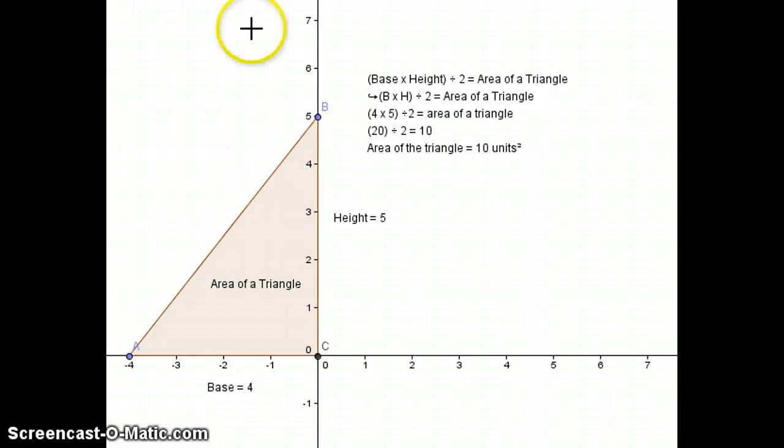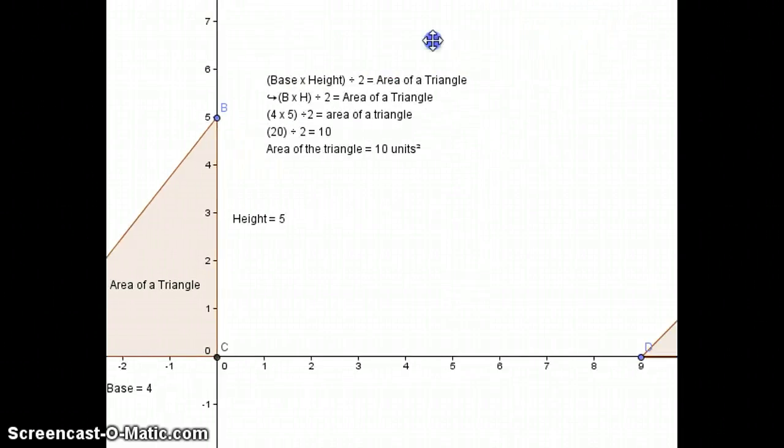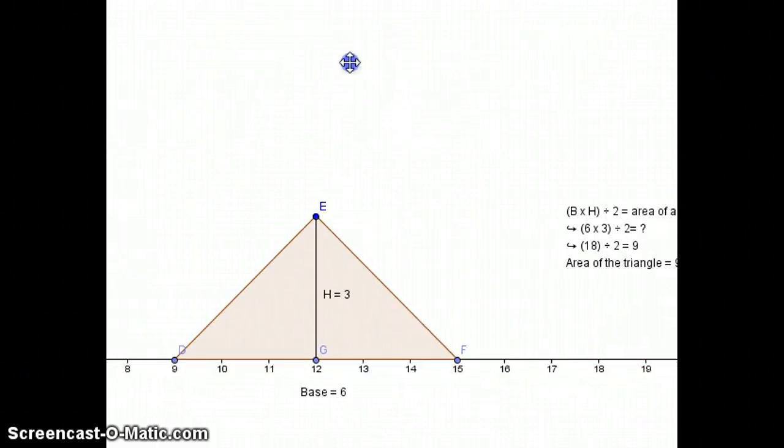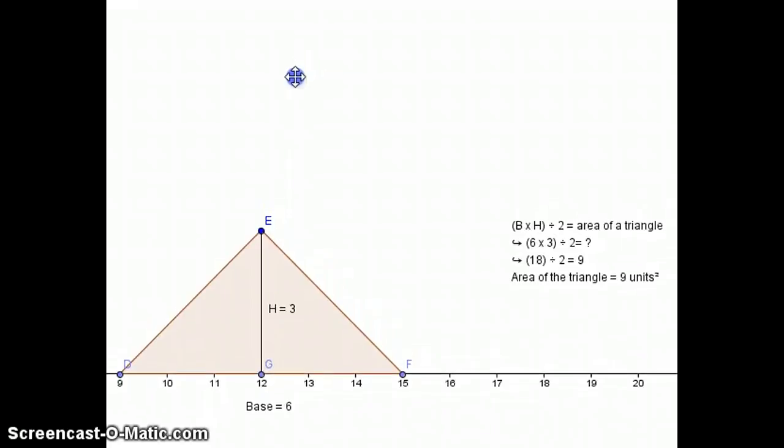Okay, so now let's go ahead and move over here to this triangle. This one can seem a little bit trickier, but it is exactly the same. Okay, you don't have to think about it any differently. So, right now I can still think of this as half of a rectangle, even though it looks a little bit different.